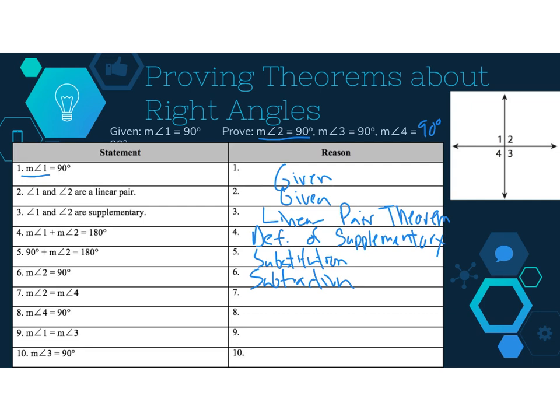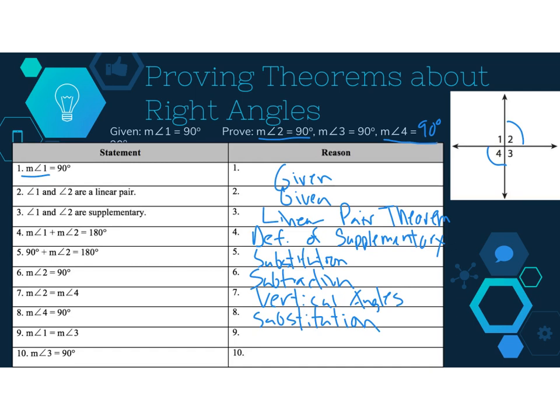Then measure of angle 2 equals measure of angle 4. And the reason for that is if we look at that, those are vertical angles. And then by substitution, replacing measure of angle 2 with 90, that gives us measure of angle 4 equals 90.